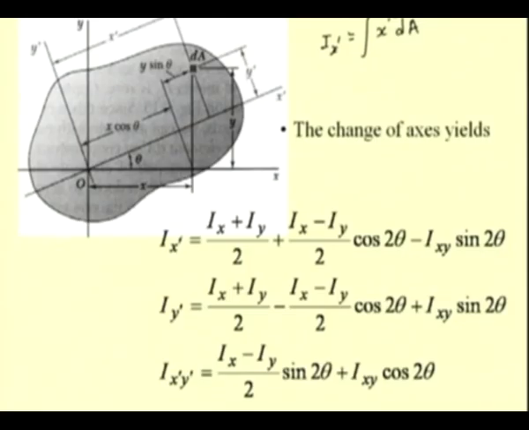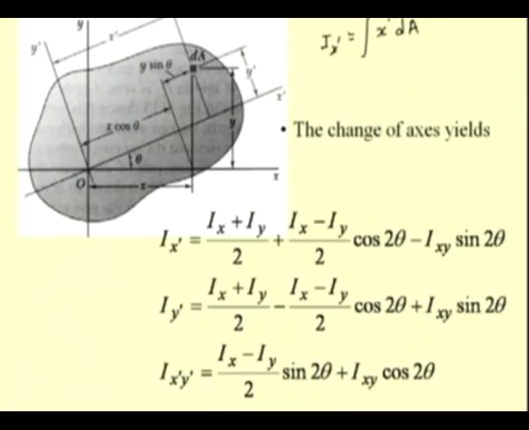That means, we are writing the expression of the second moment of this area with respect to the new axis as an equation that relates I x prime to I x, I y and I x y, which are the second moments and product of inertia of the original axis.